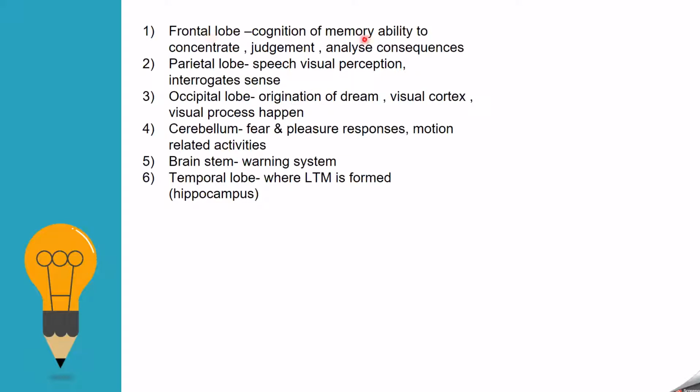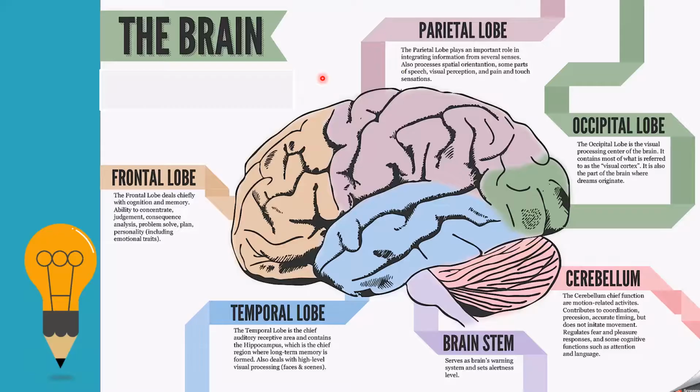The parietal lobe is speech, visual perception, integrates senses, and the majority of senses and echoic and visual information goes here.